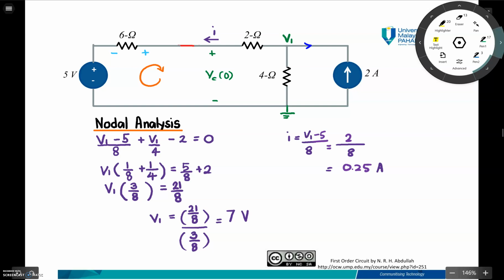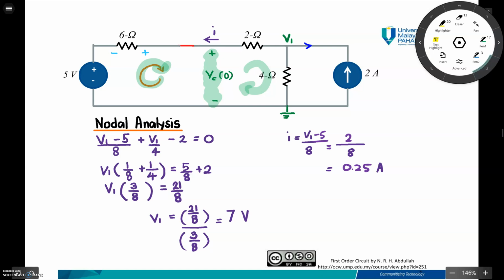As you can see here, this is the VC node that you need to determine. Therefore, you have to consider both the left loop and the right loop. In order to use the left or the right loop, you can see that there is a current I that flows to that branch.